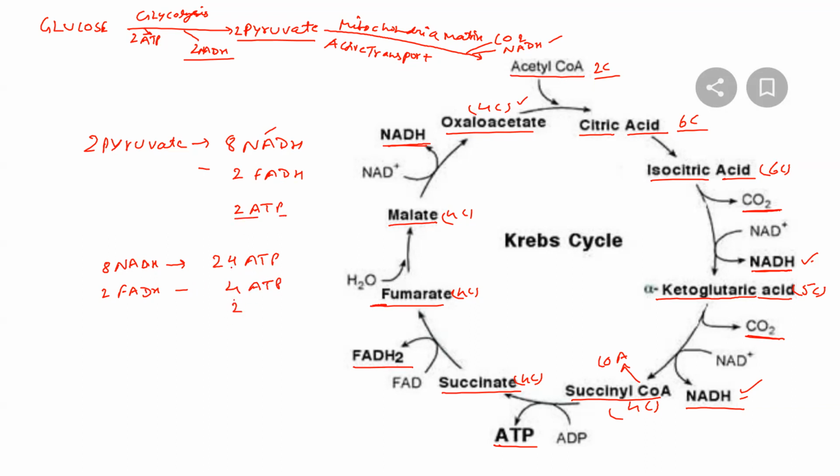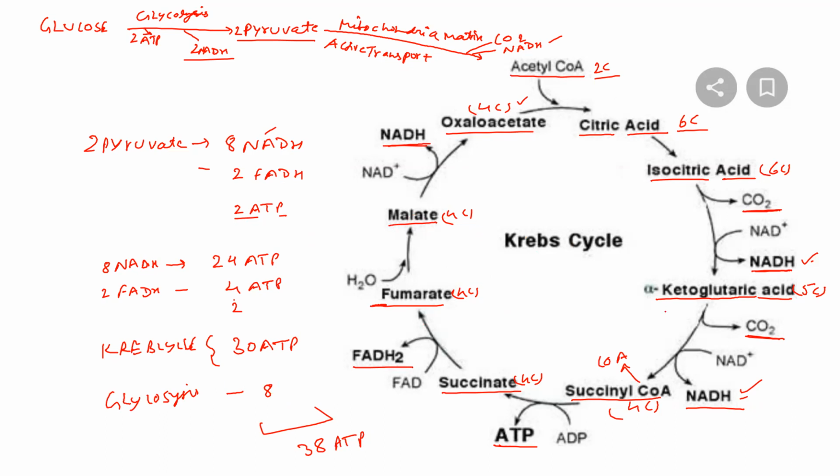So how many ATP are produced? 30 ATP through the Krebs cycle. And how many ATP do we get through glycolysis? 8. So total 38 ATP will be produced. Okay. So this is about the Krebs cycle.